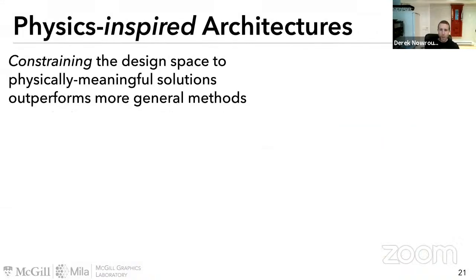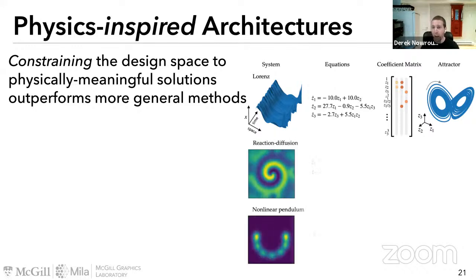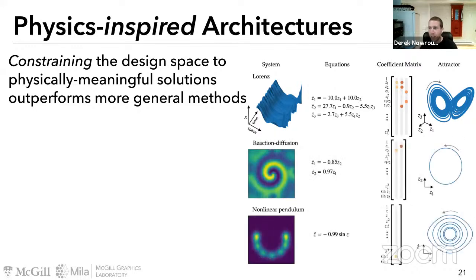So physics-inspired architectures constrain the design space to physically meaningful solutions. It shouldn't be surprising that this outperforms a general architecture, and we've seen this before. If I have a data-driven technique and I want to learn some dynamical system, and I constrain the parameters that I want to learn to be exactly those of the dynamical system, or the family of dynamical systems I care about, then I can learn different types of systems much more effectively from observations.